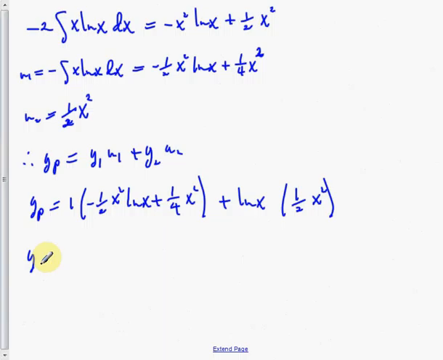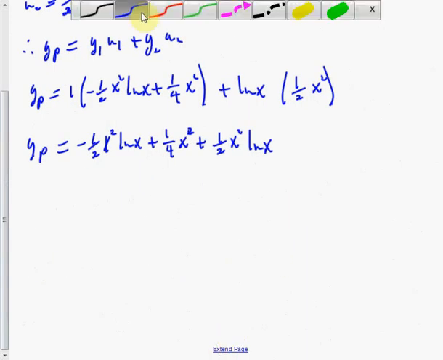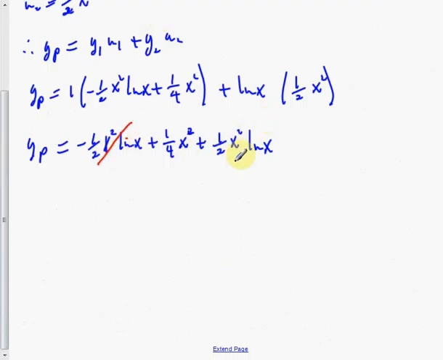Okay, do you see what's going to happen? This is negative 1/2 x squared natural log of x plus 1/4 x squared, and this is plus 1/2 x squared natural log of x. It kind of burns me up a little bit, but it's okay because it kind of suggests that maybe you did something right. Well, see these two terms right here cancel out, and you say you did all that work and they cancel out.